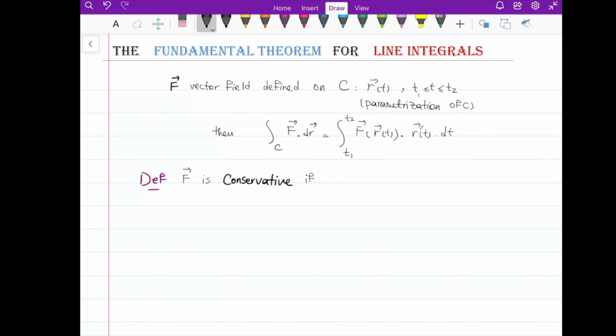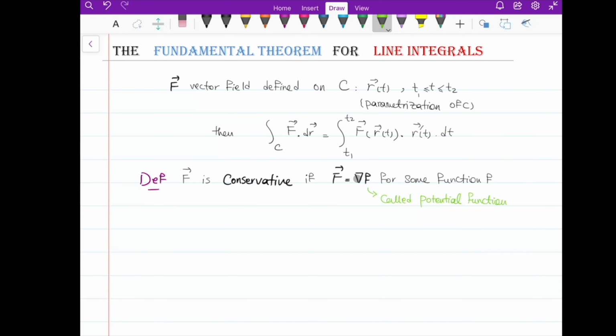Let me actually write it this way: the vector field f is the gradient of f for some function f. This function f that we have in here is called the potential function. So a vector field is conservative if the vector field is actually the gradient of some function f.